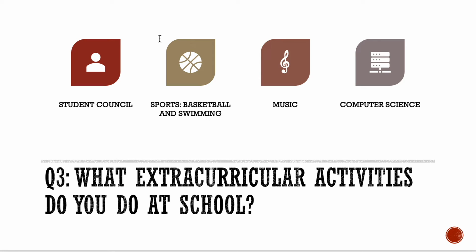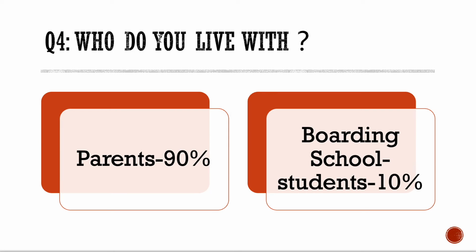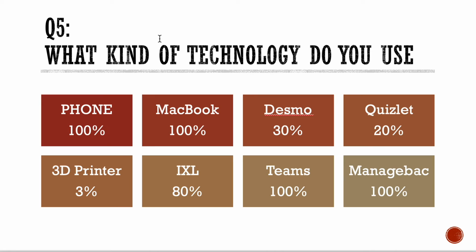Extracurricular activities also indicate students like sports and music, and computer science is highly requested by the middle school and high school students. Most of the students live with parents, and we're not a boarding school, so not too many students live with the teachers or the school.